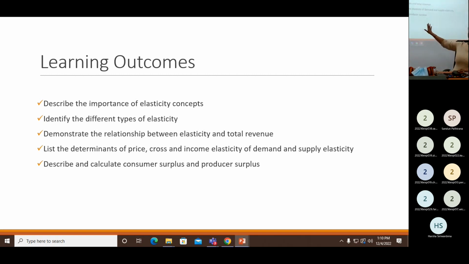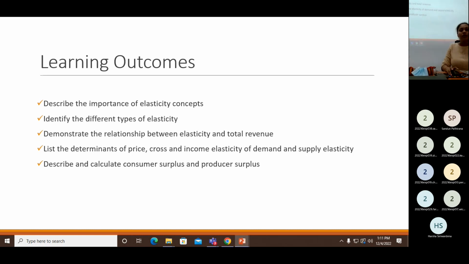Exactly. So learning outcomes are very important because at the end of the lesson, you should be able to do all of these things. For example, you should be able to describe the importance of elasticity concepts. You should be able to identify the different types of elasticity.